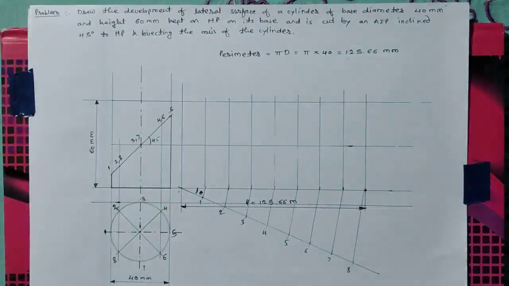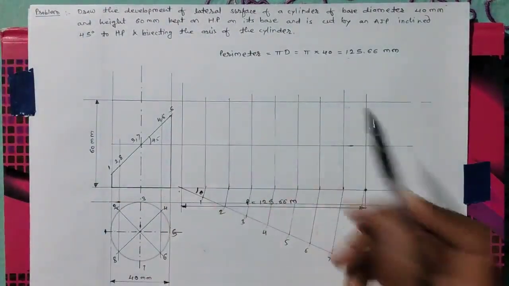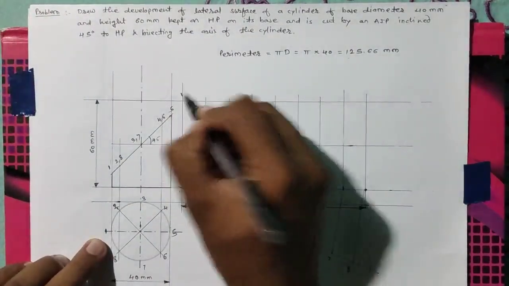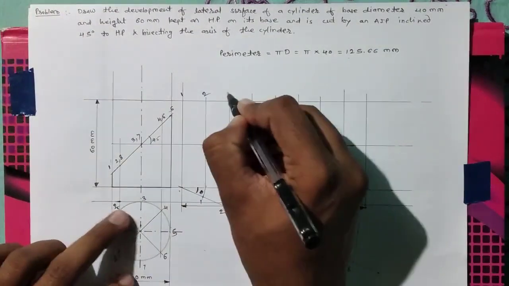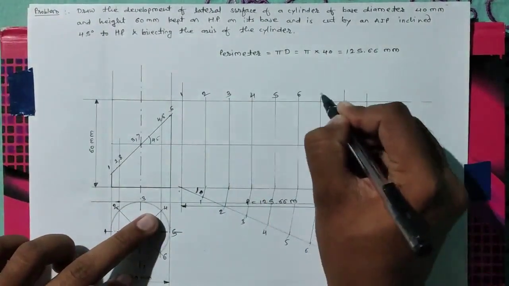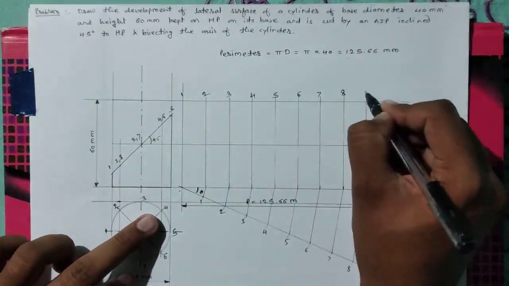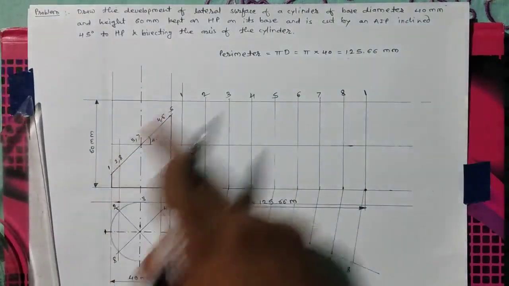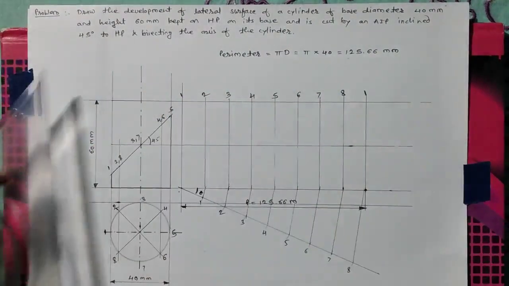After dividing this rectangle, we have to give the names here. We will start giving names from here: 1 2 3 4 5 6 7 8, again 1. After that, we are going to take the projections from the front view in the development of parts.